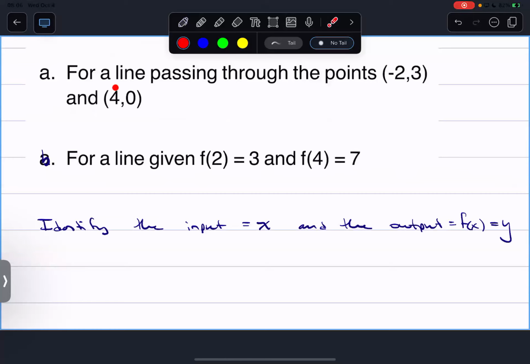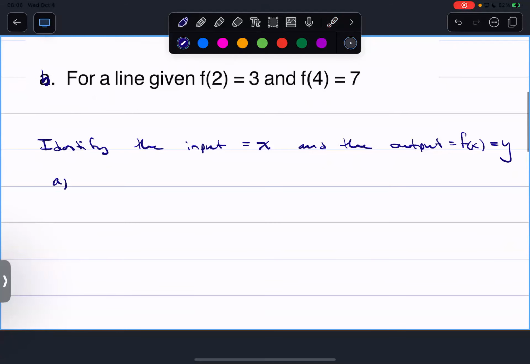We've got a line passing through the points -2, 3, and 4, 0. So -2, 3. So here, let's start with A. -2, 3. First off, we're going to identify the input is x is equal to -2, yields an output f of -2 is 3, which is your y, right?